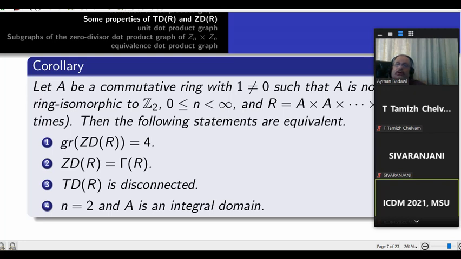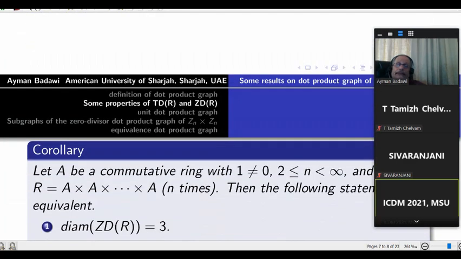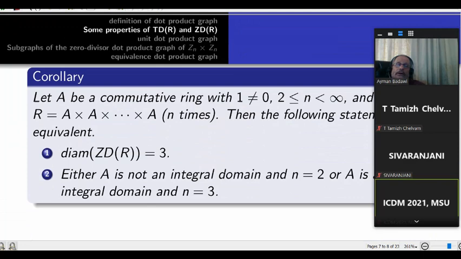So if I know the girth of the zero dot product is 4, I know that the zero dot product is the same as the classical zero divisor graph, and I know that the total dot product is disconnected, and I know that n has to be 2 and A an integral domain.